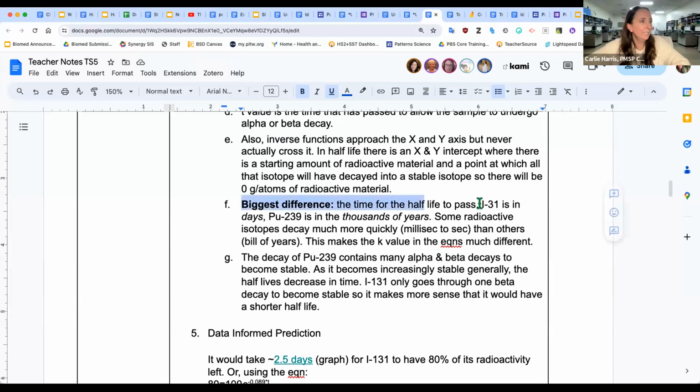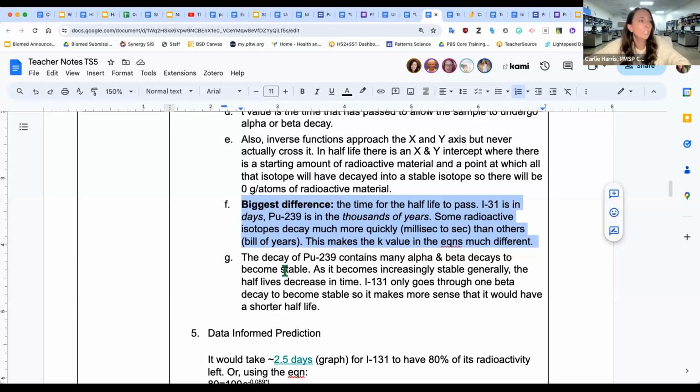Okay, right here, the biggest difference is that for iodine-131, the half-life is in days, and our plutonium is thousands of years. So it's a lot easier to quickly go through that iodine and then have the plutonium that's sticking around.